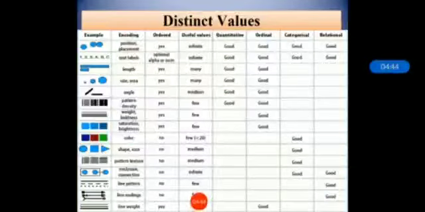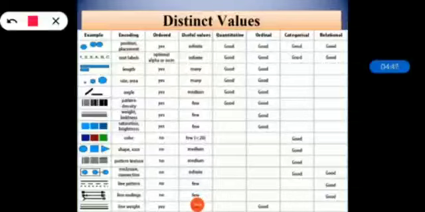Then there are the distinct values. That is the second main factor considered while choosing the visual property. We need to know how many distinct values the visual property has. We can see in the given figure, when choosing the visual property, we have to select the one that has a number of useful differentiable values and an ordering similar to that of your data. We can see the examples: position placement, text tables, lengths.